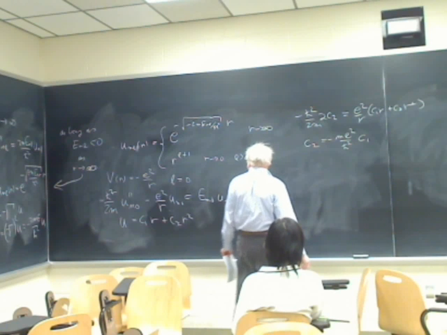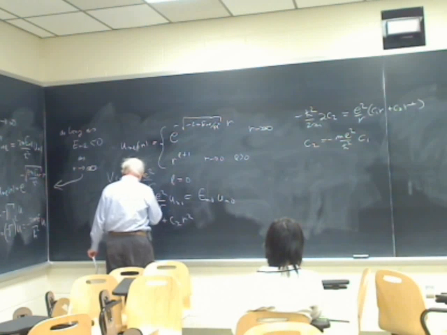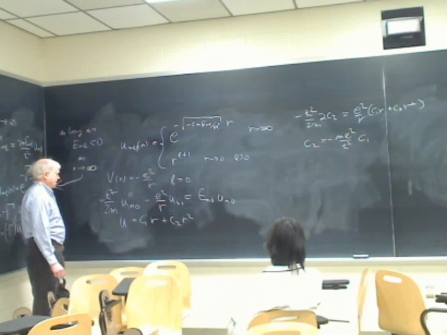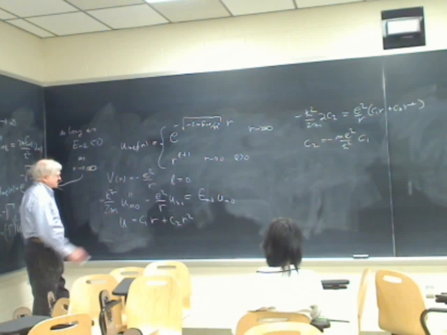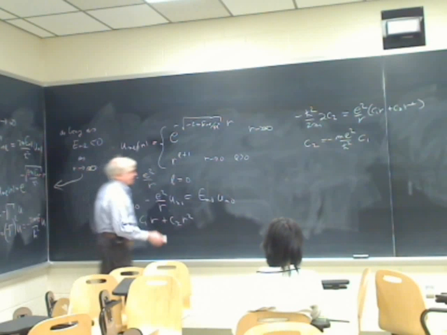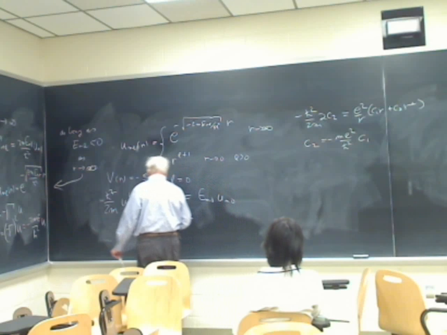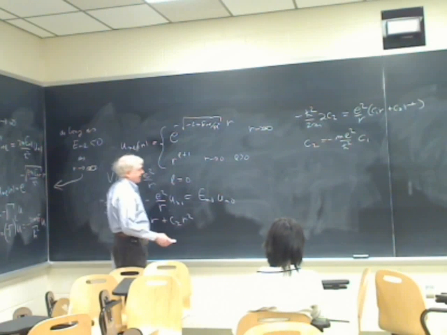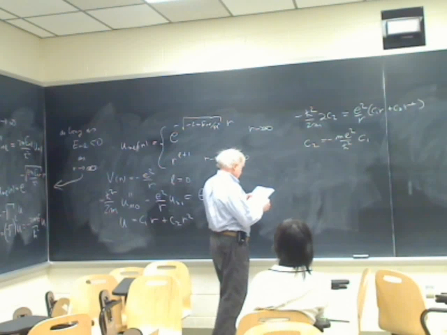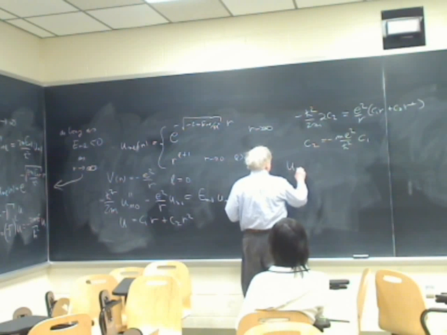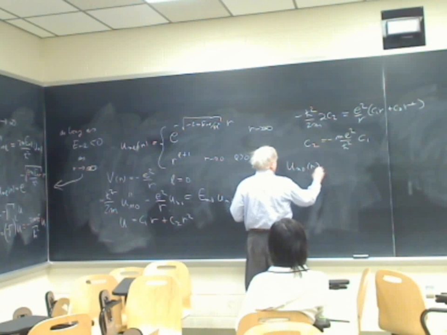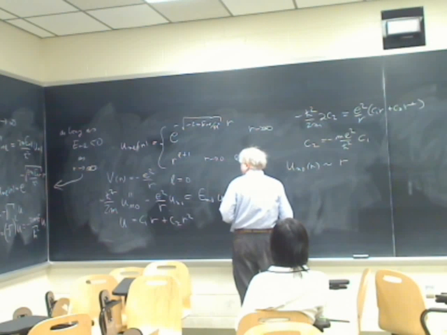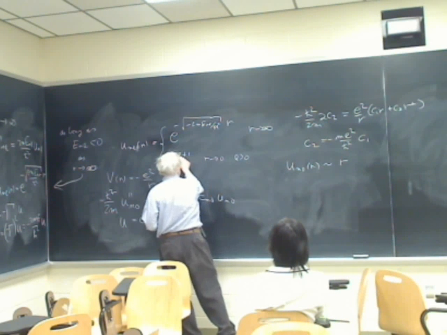And notice that this is a second order equation, so we expect, well, this is just the beginning of a series solution. But the point is that our series solution starts at the first power of r. And so consequently, u_n0 of r goes simply as r, and that is r to the 0 plus 1.